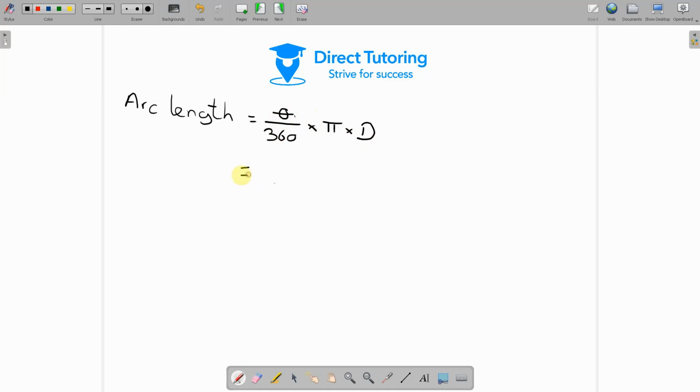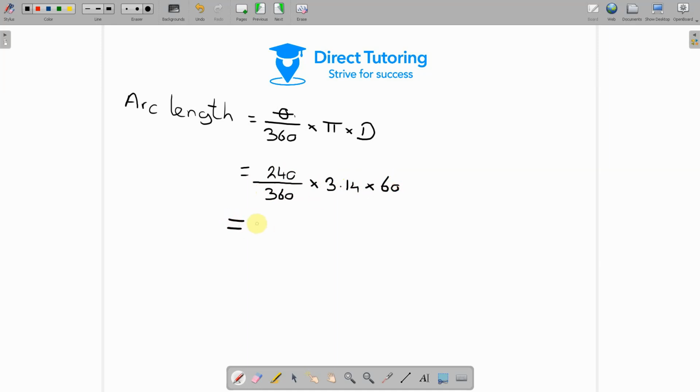So if we substitute the values that we know, it's going to be 240 divided by 360 times 3.14. Now the radius is 30, so the diameter will be 60.